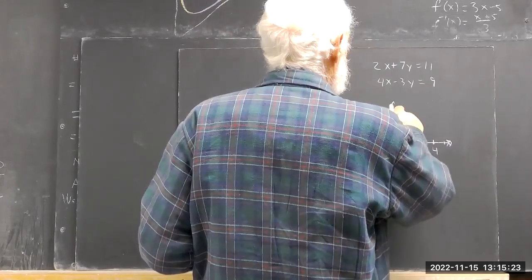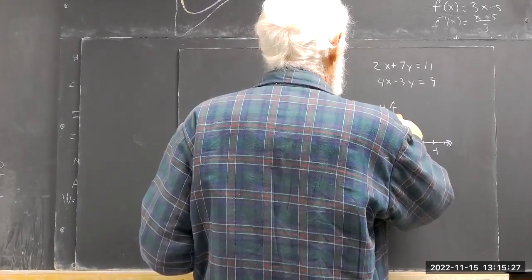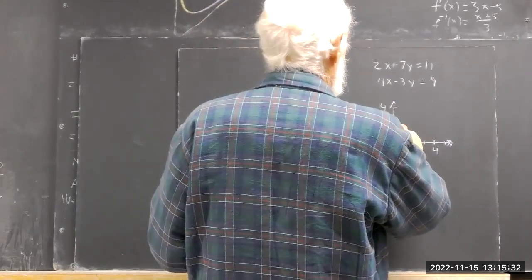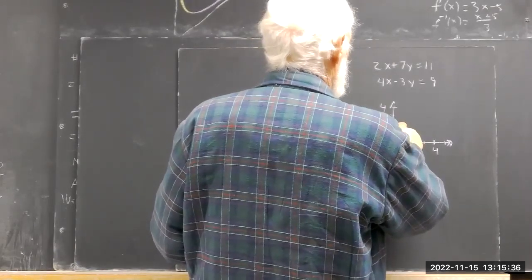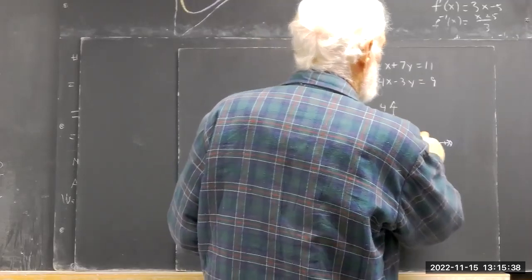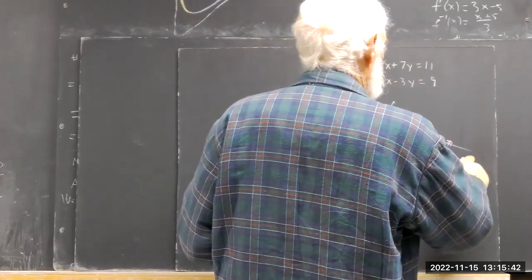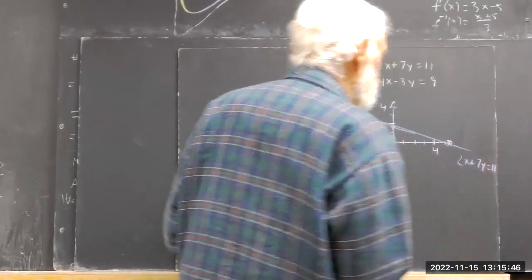So let's go ahead, scale this, and we see the y-intercept here. That's one part of the chart. This is kind of a bad line, but here we have 2x plus 7y equals 11.